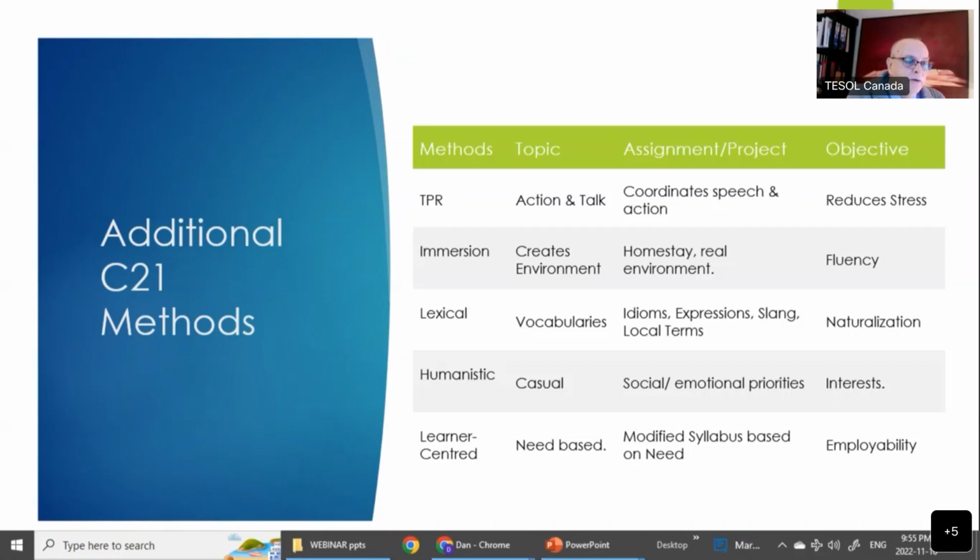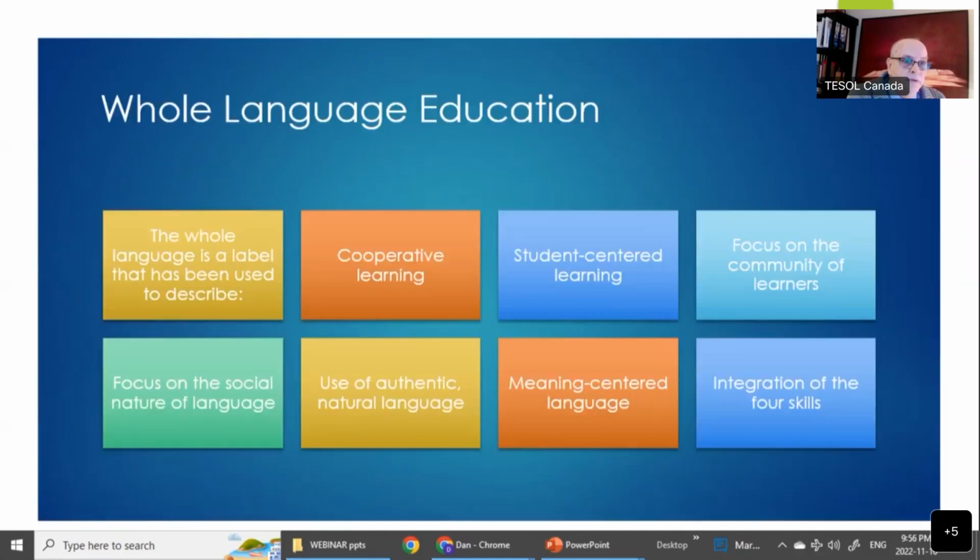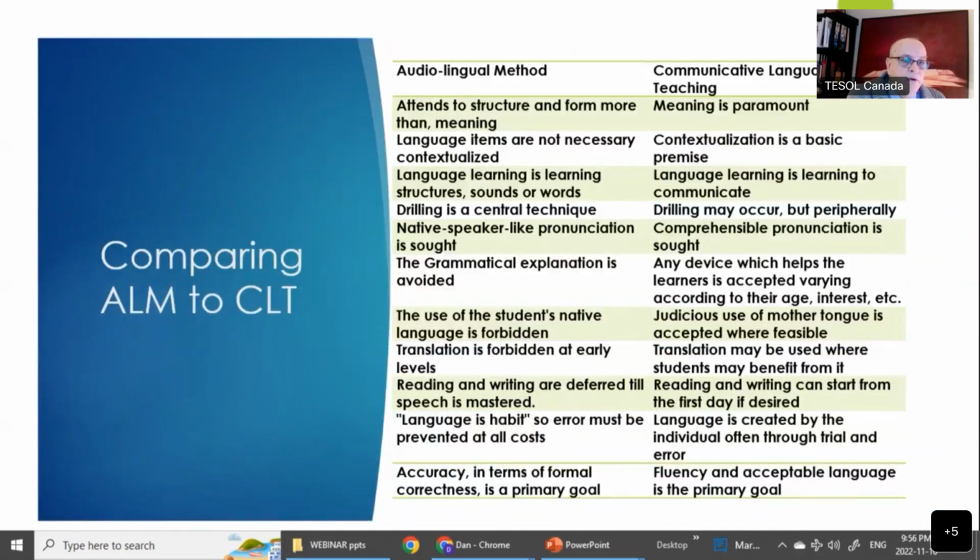As I've said a few times already, it's best to pull a few of the best points from several of these approaches and methodologies in order to put together an approach, a methodology that's going to work the very best. And that's exactly what the CLT does. It pulls from all the other approaches and methodologies, it pulls the best items out.